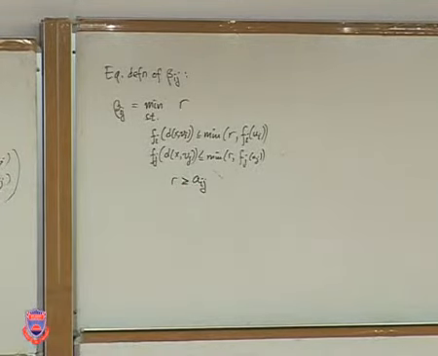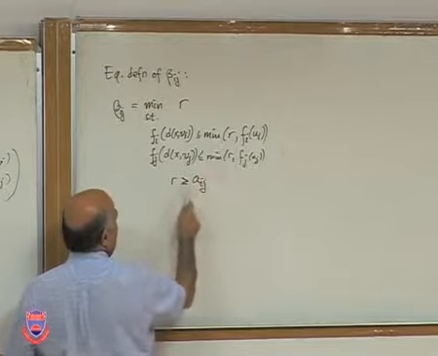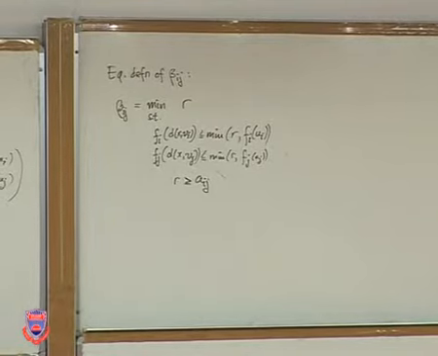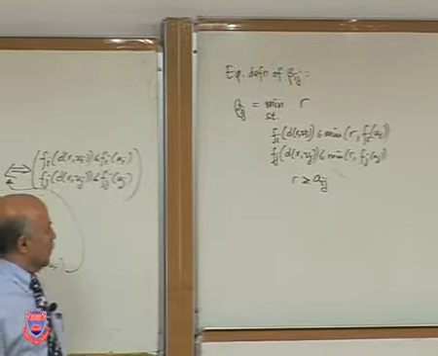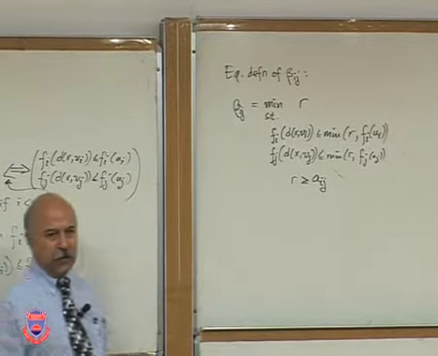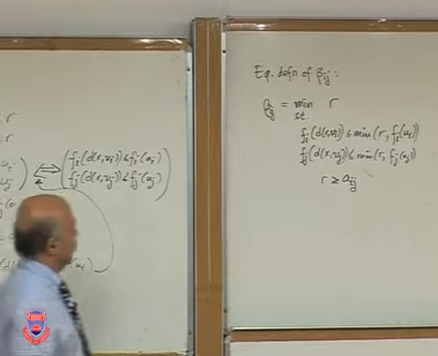Why do I need that? Well, because when you take the minimum here, you don't want r to be less than aij. In that case, of course, there is no feasible solution, and we're interested in the feasible versions of these. So you need to impose r greater or equal aij whenever the problem has a feasible solution. Okay?